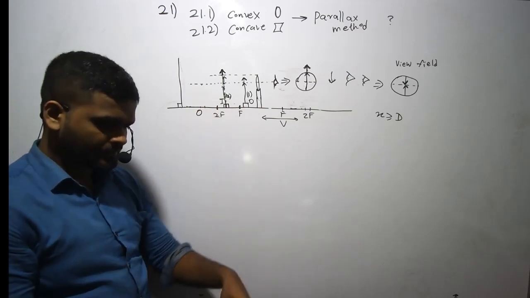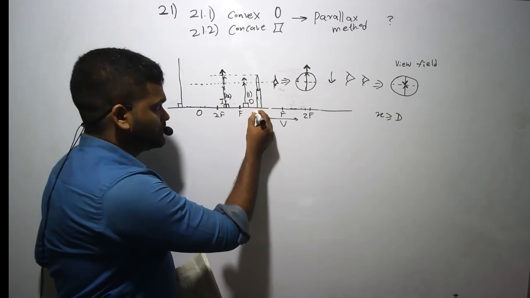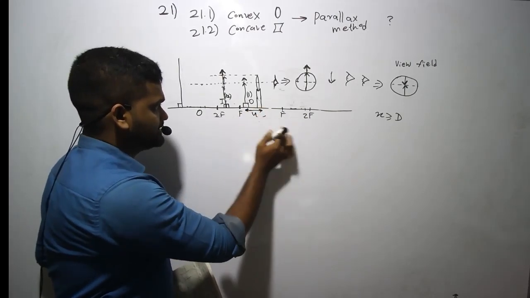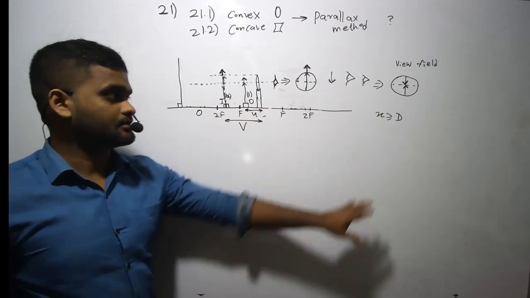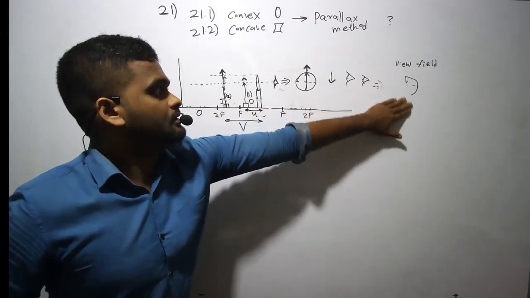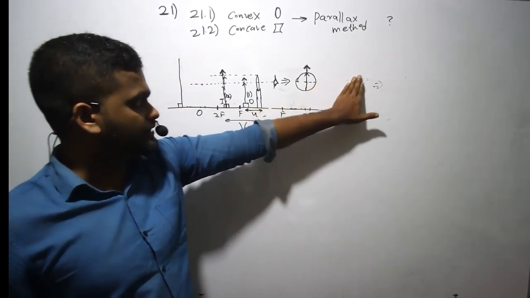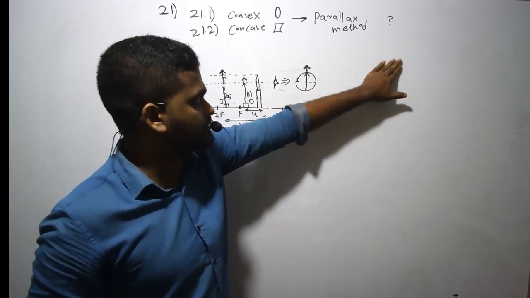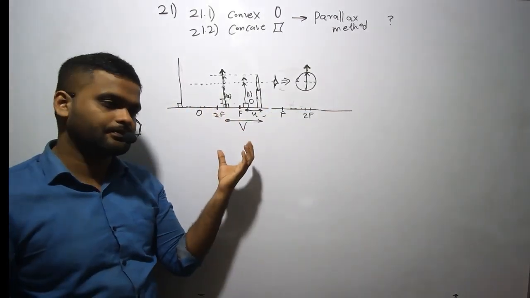Okay. So that is the difference here. Now you get that, this is going to be the object distance, and this is going to be the image distance. So when you are observing virtual images, you have to follow this procedure.